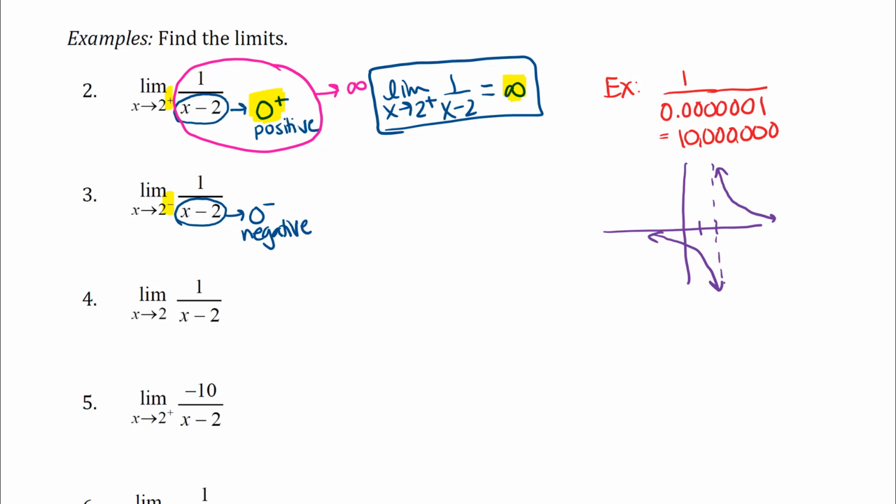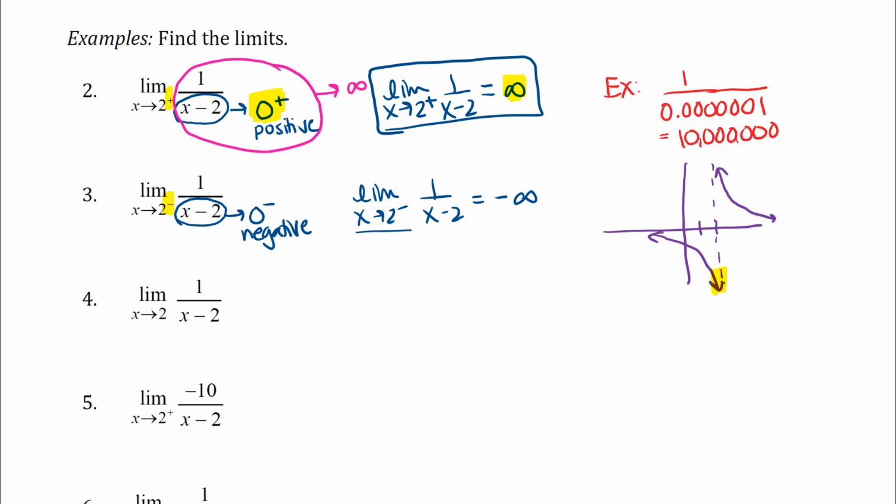So when I have 1 over a negative number, that makes the overall expression get large in size, but negative in direction. So the overall limit on this one is negative infinity. You can see that from the graph over here. As you approach 2 from the left, the outputs of the function are headed toward negative infinity.